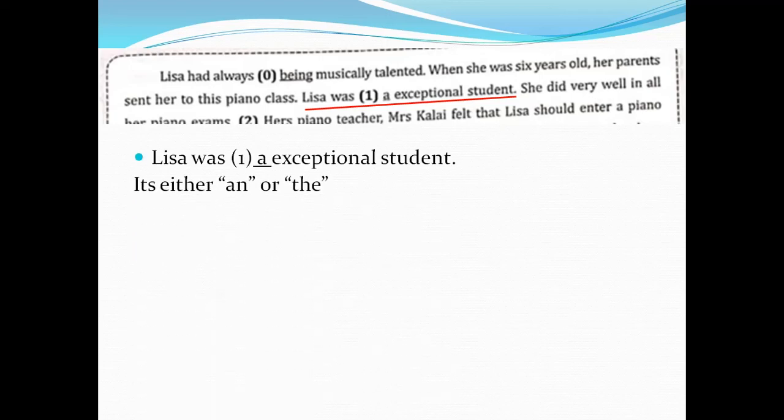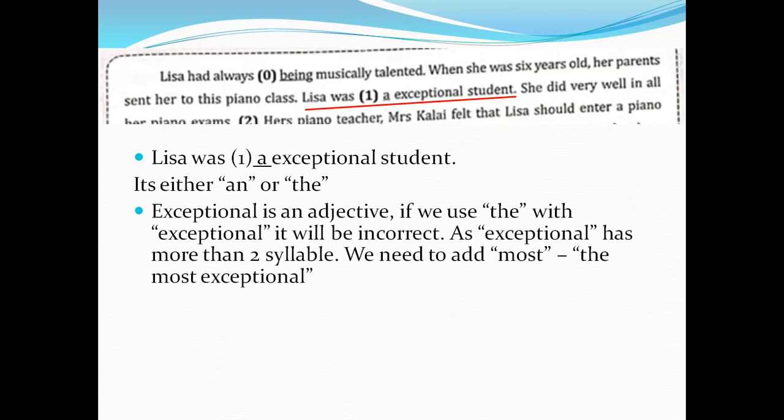It's either an or the, so this is from the articles. Exceptional. So we narrow down. Exceptional is an adjective. If we use the with exceptional, it will be incorrect, as exceptional has more than 2 syllables. We need to add most to make it the most exceptional.